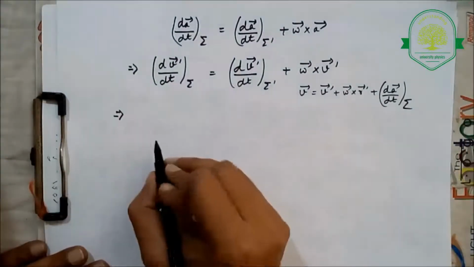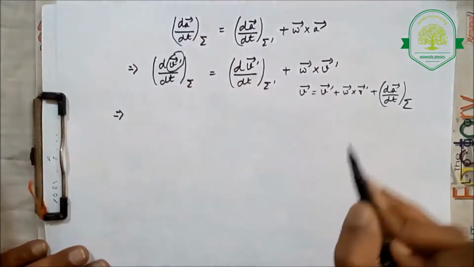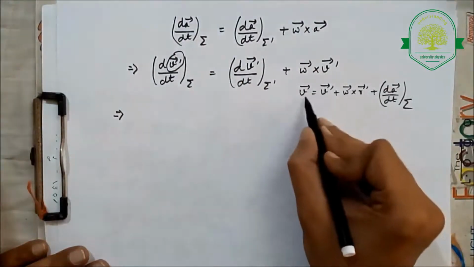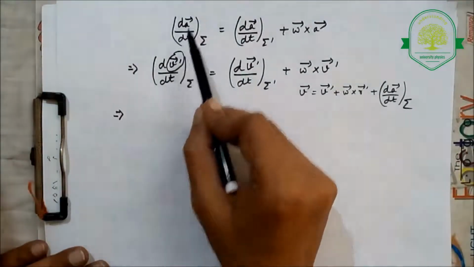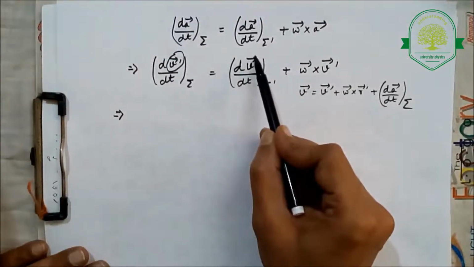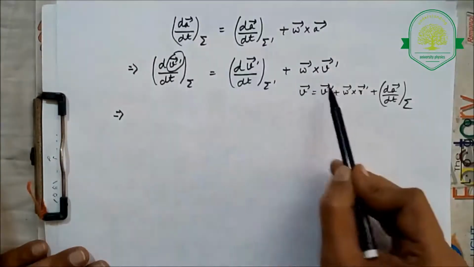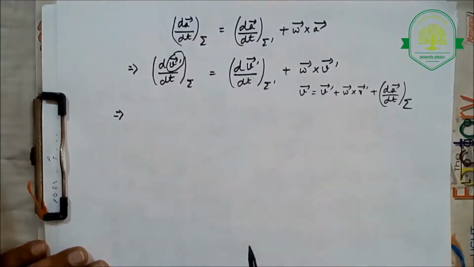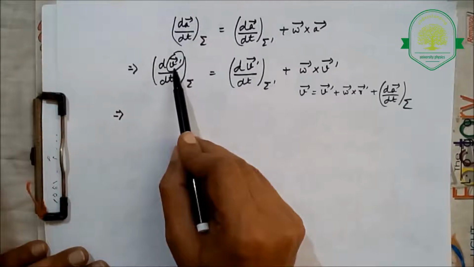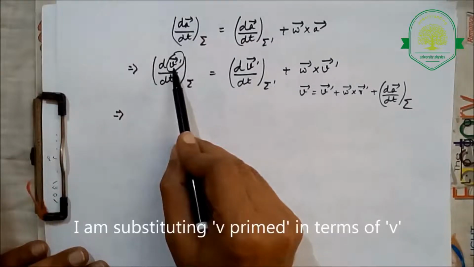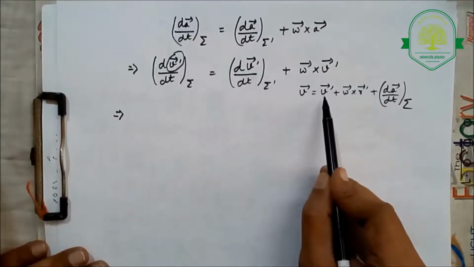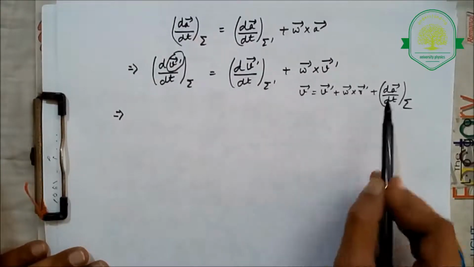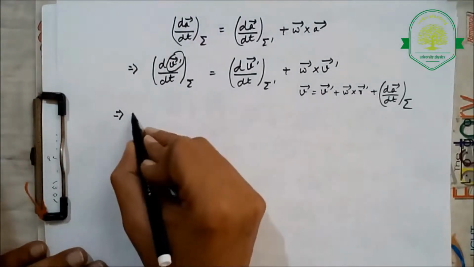So now, in place of v prime, let me substitute v minus this term minus this term. If I had used v in place of a, then I would have had to substitute v in terms of v prime in this term. In any case, here I am substituting v in terms of v prime from here. So in place of v prime, I will simply be writing this minus this minus this. So what is dv by dt as seen from sigma frame of reference?